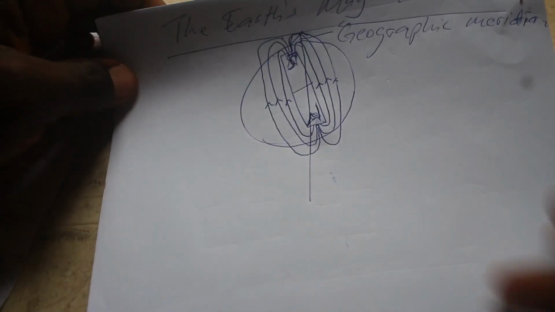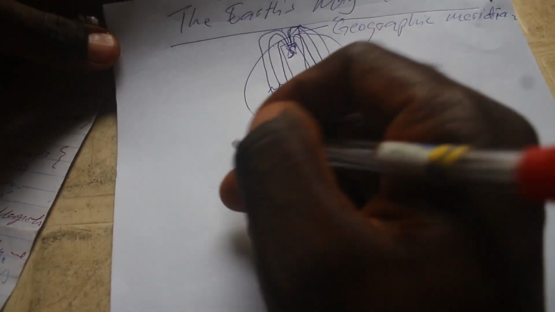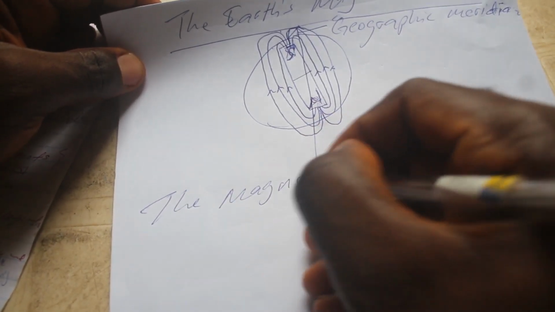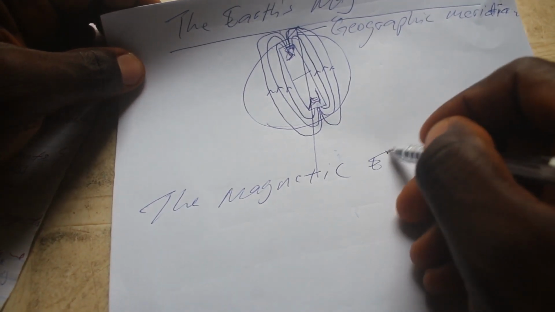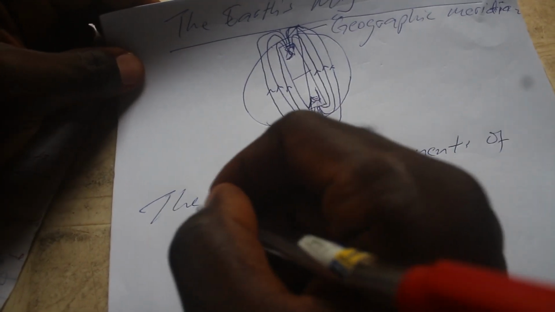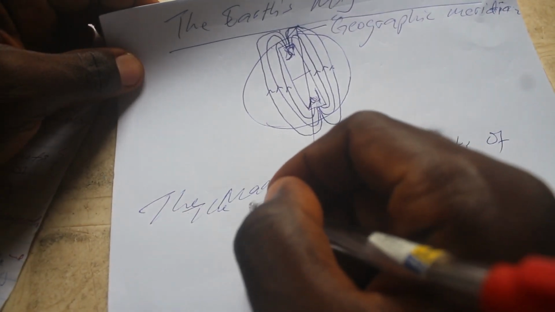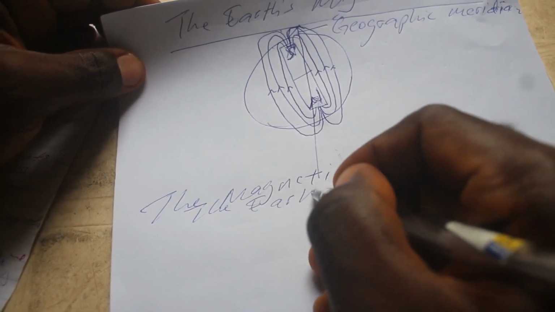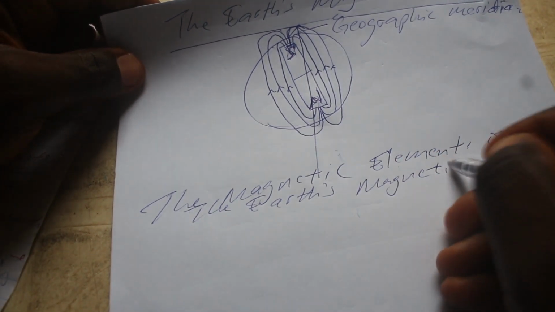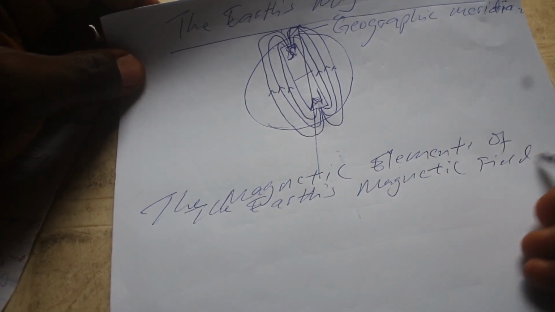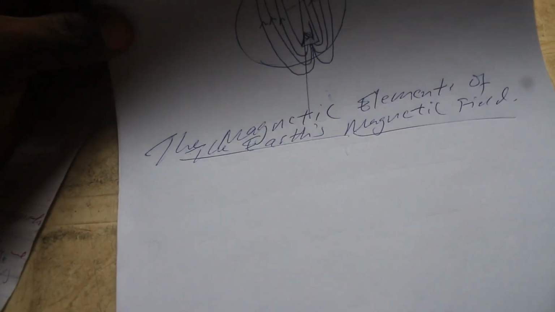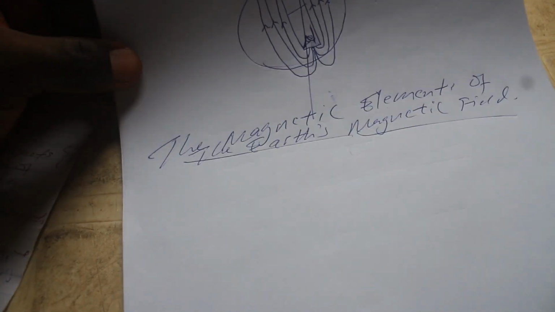So what about the magnetic properties? The magnetic element. So the magnetic elements of the Earth's magnetic field, what are they?